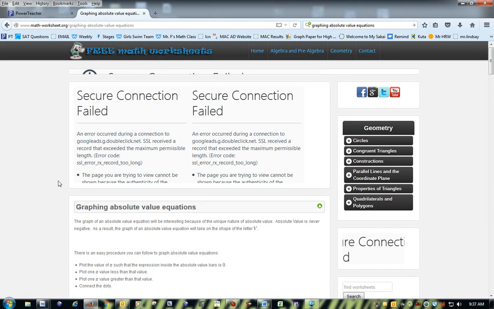You can say when x equals 8, what's the absolute value of 2 times 8 plus 3? 19. When x equals 0, what do we get? Absolute value of 2 times 0 plus 3 is 3.